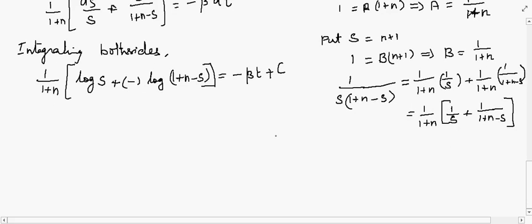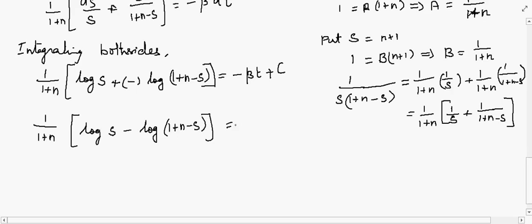Now we have to find out the value for c. For that, 1 by 1 plus n into log of s minus log of 1 plus n minus s equal to minus beta t plus c.